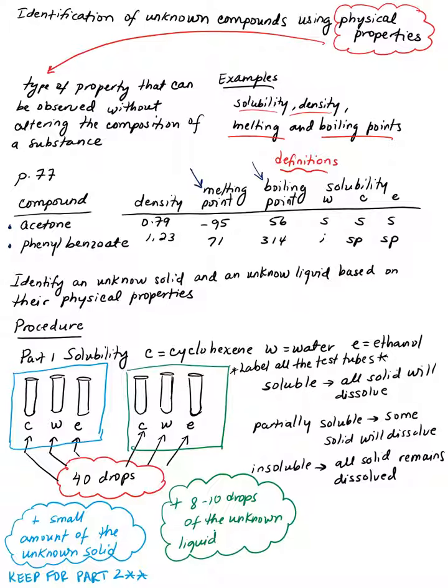If it's partially soluble, you might see some bubbles in there, or you might actually see your liquid moving inside of your test tube where you have your solvent. If it's insoluble, you will see two liquids. You will be able to see the division between one of your liquids and the other.